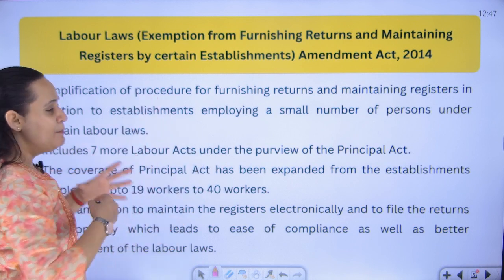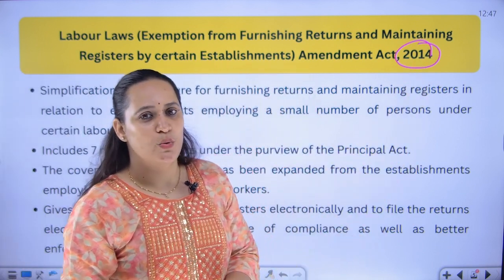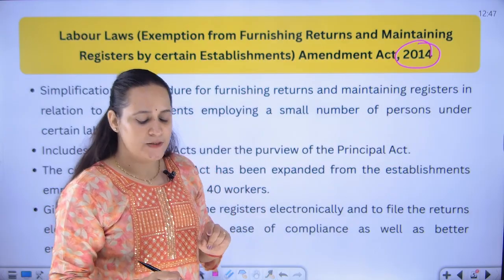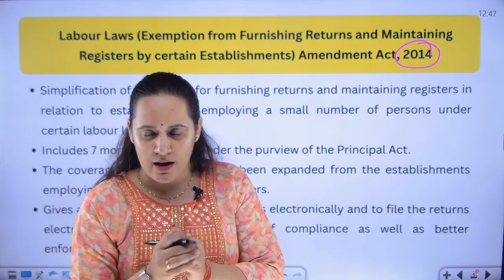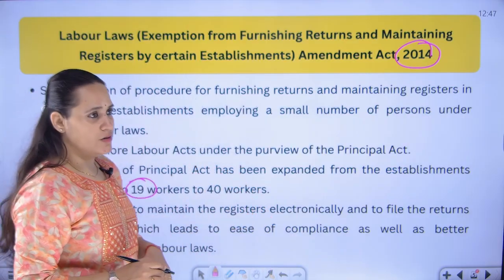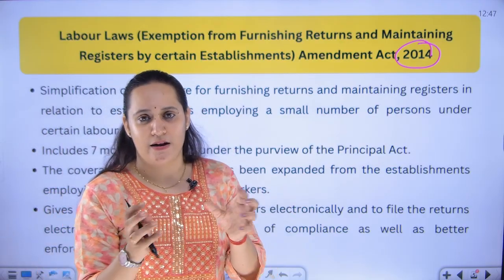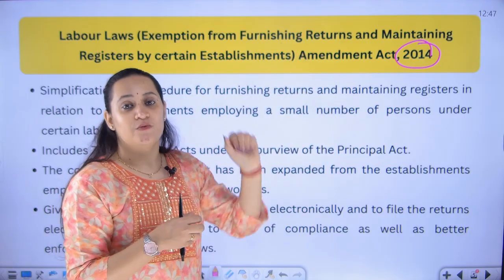Now, in between, we had brought an amendment to the act in the year 2014, with dual purpose. First purpose is, earlier the act was applicable to only those industrial establishments which had up to 19 workers. So if you had 1 to 19 workmen, only then you could claim an exemption under the provisions of this enactment.